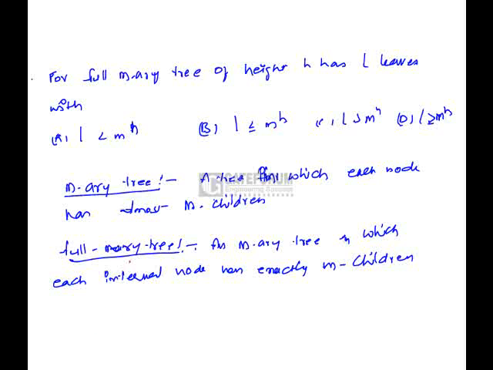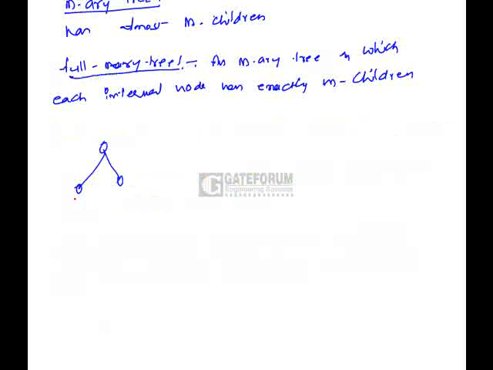Let us solve this problem by taking one example. Let us construct an m-ary tree. Let us take a binary tree where m is 2. That means every node has at most 2 children.